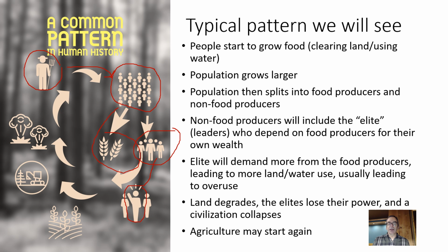This is what this little graphic is here: someone who decides that they're a leader, and usually the other people agree that they have a leader. So what tends to happen then is that this leader wants wealth. And in the ancient world, wealth is land, and it's growing food. So he or she, usually a he, will demand more food.